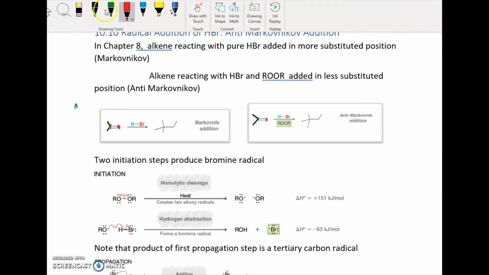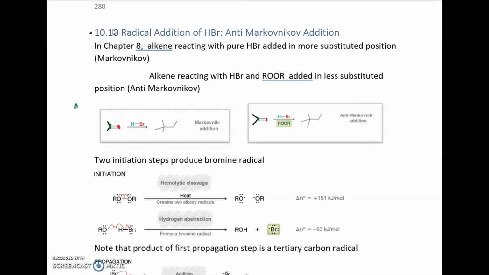Go back to making it green again. Here's our green carbon. The green carbon is more substituted because it has two R groups off of it and a double bond. And so what we found is that we added the bromine in this position and the hydrogen to the less substituted position. And we called this a Markovnikov addition.